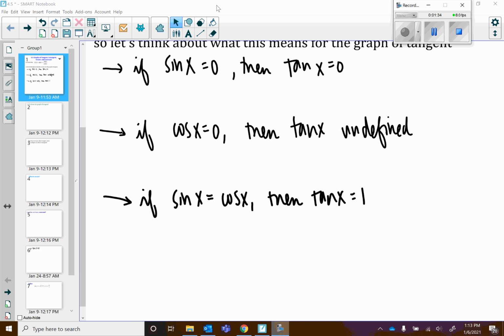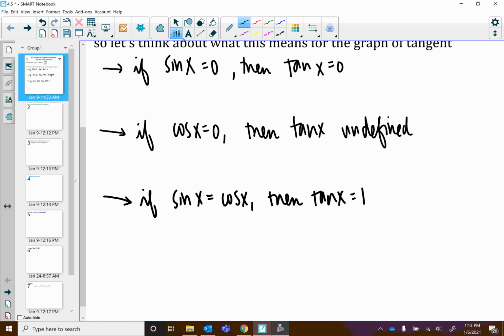So in order to know what is going to happen here, I am going to sketch tiny little sine and cosine graphs, just briefly. We know that both sine and cosine have a period of 2 pi, and they are cut into 4 equal chunks, pi over 2 and 3 pi over 2.